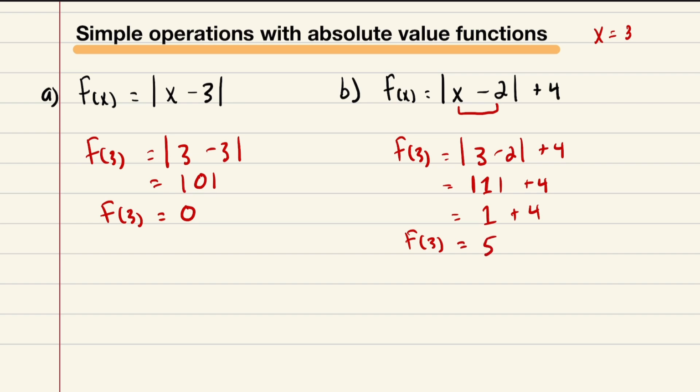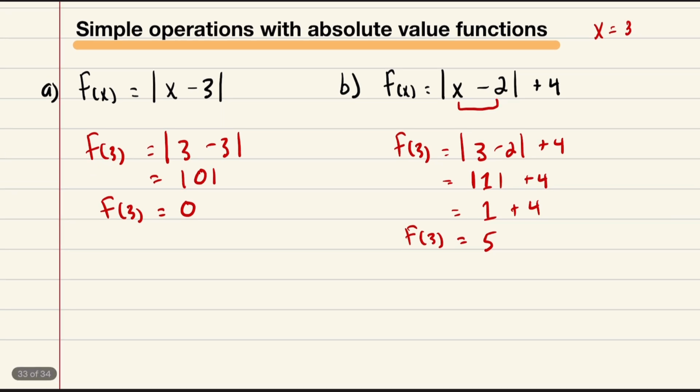Now what happens if, let's say for c, I have a function like this, where it is absolute value of x minus 3, and then let's say plus 2, but I'm going to write in function notation where I want to know what the value of this function is when f at -4.